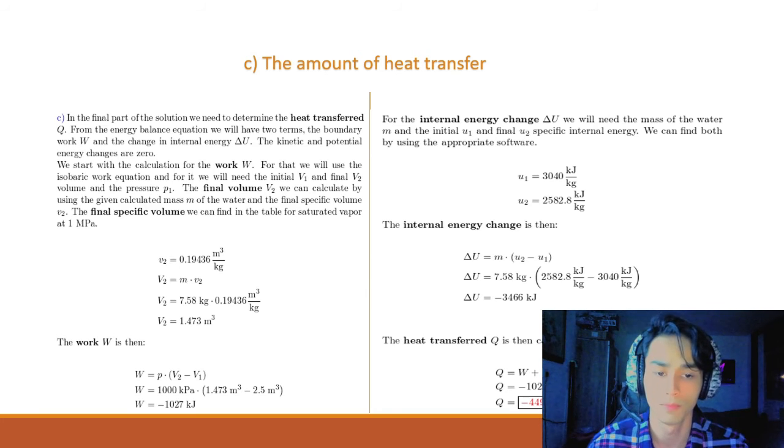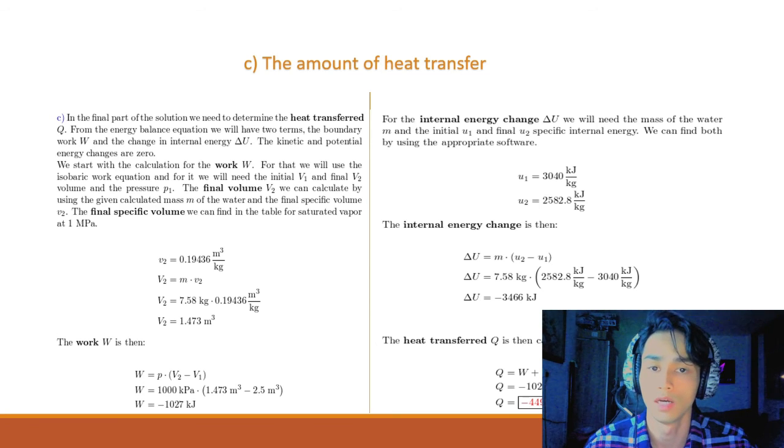So we put the value, which is the work, negative 1027 kilojoule, plus the internal energy change, which is negative 3466 kilojoule, and so we got the heat transfer is negative 4493 kilojoule. So that is the answer for the amount of heat transfer, which is Q.